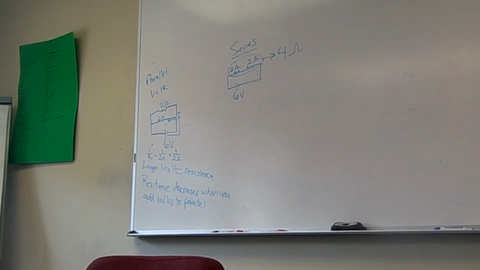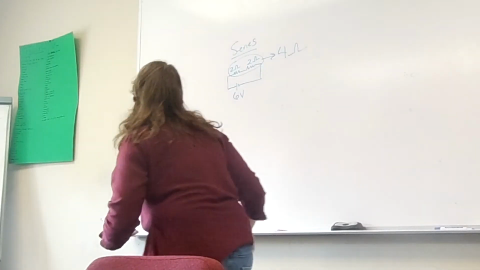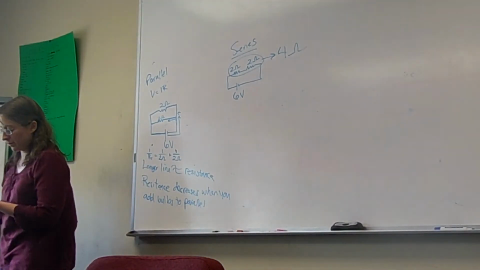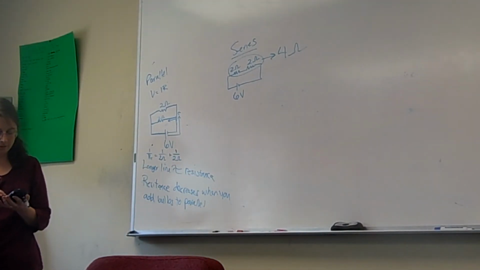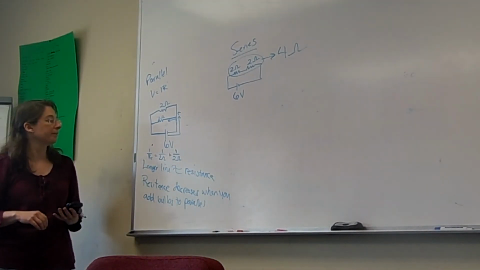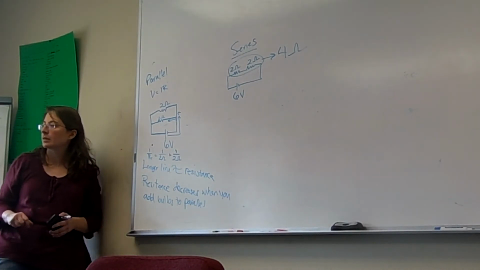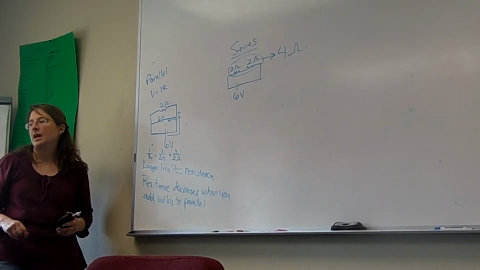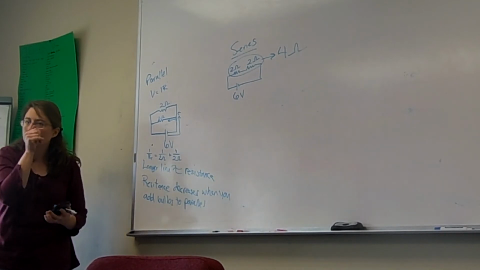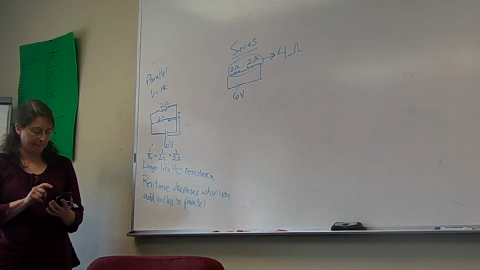2 over 2 ohms. Wouldn't that be 1/4? No, it would be 1 over. Yeah, 1/2. No, it would be 2 over 2 ohms. But are we taking the 1 off the R? Would we have to use a common denominator?